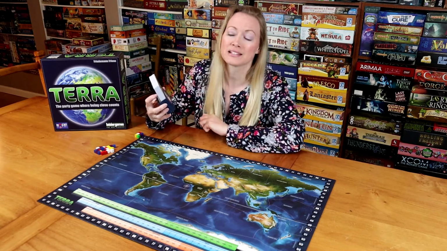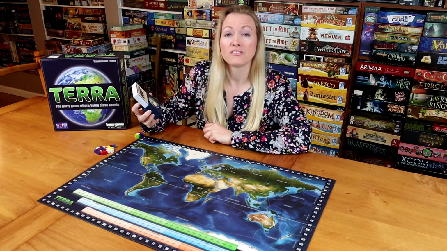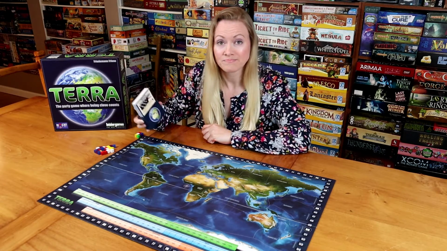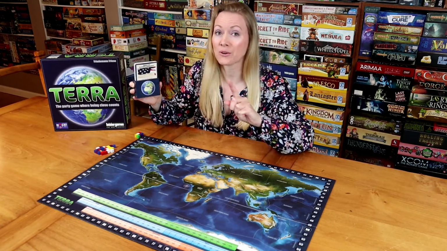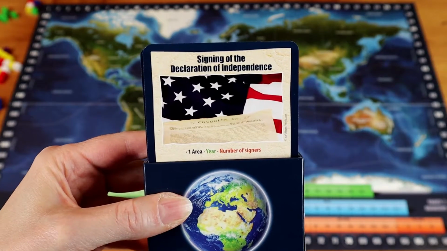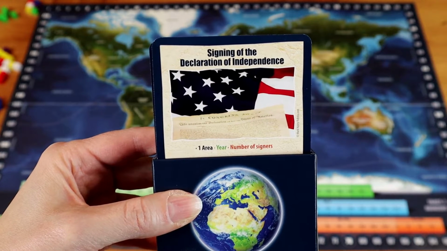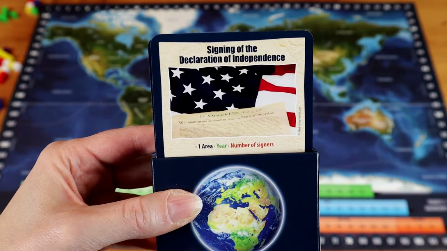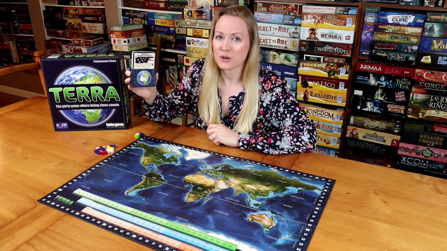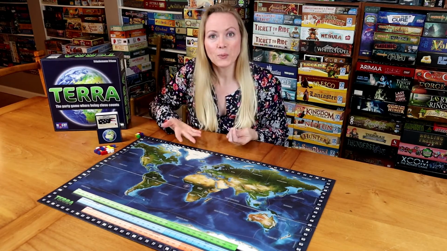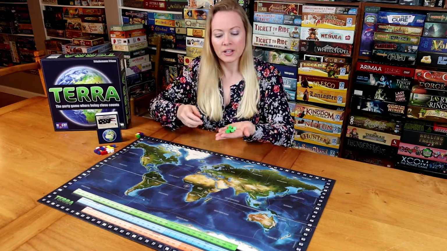In this case, my example is the signing of the Declaration of Independence. That's the card. That's the fact that we're looking for. Here are the measurements: an area, a year, and a number of signers. So we have this information that we need to identify on the board.